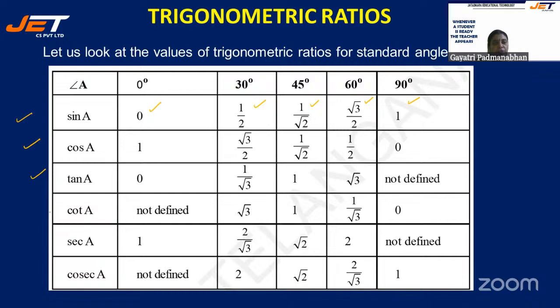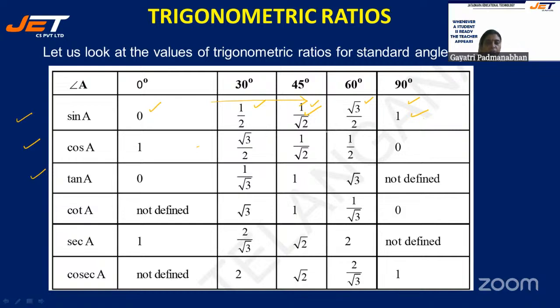Is it clear? So first you should write sine, cos, tan. Now for cos, you just have to write whatever you have written for sine in the opposite direction. See, here you have 90 degrees, so you just have to write 1 here.